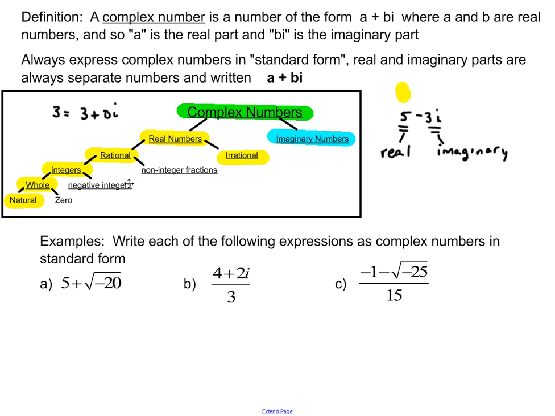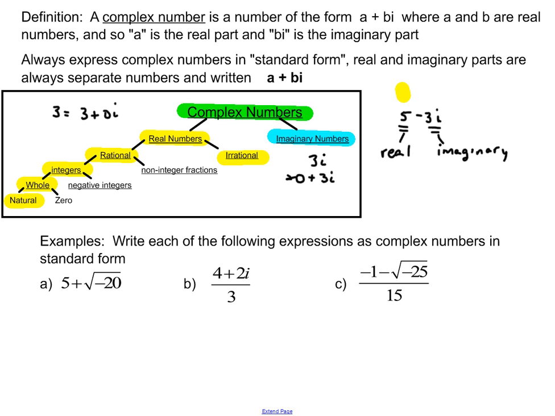So a real number is a kind of complex number with a 0 imaginary part. Imaginary numbers too can be written as complex numbers, because if I had 3i, I could write that as 0 plus 3i. So an imaginary number is a complex number with a 0 real part. So complex numbers combine those together.